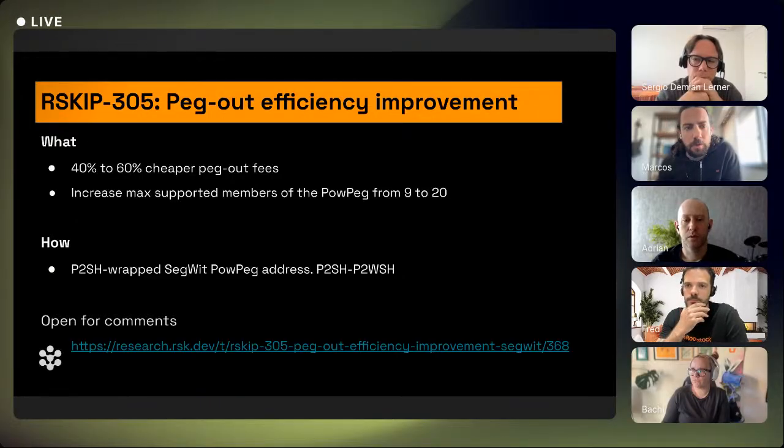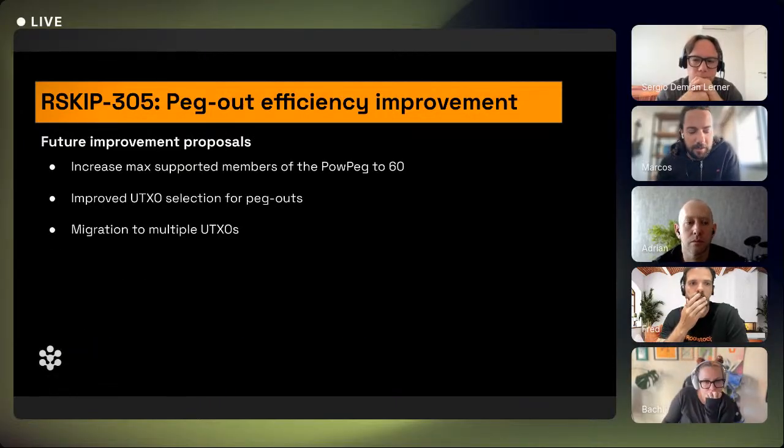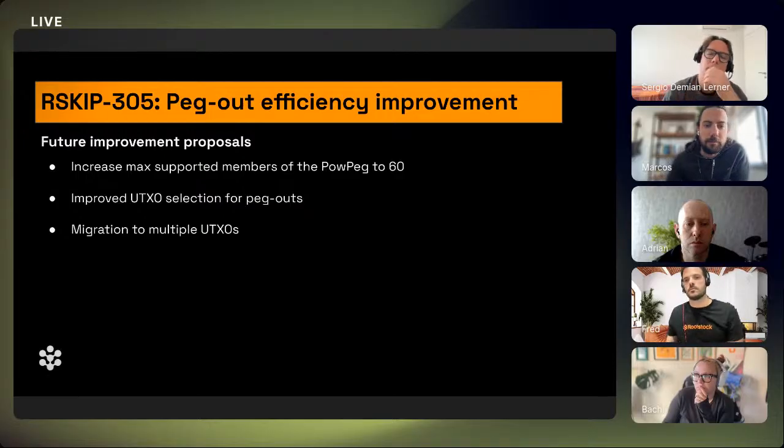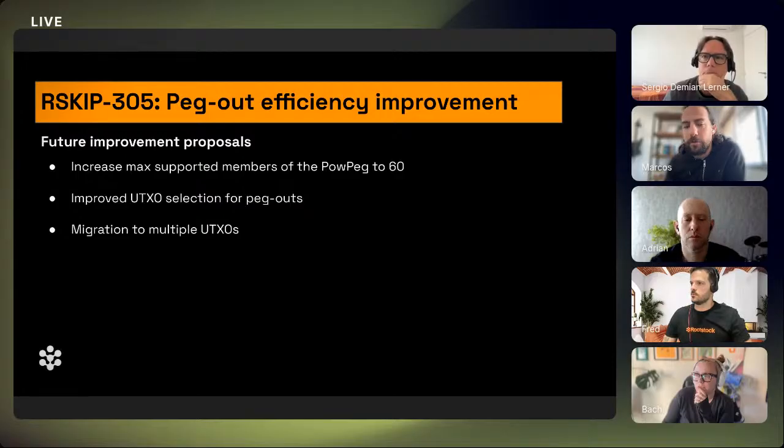And if you can move to the next slide, please. So I want to talk now about future improvement proposals, some things that we will be working on or we will be proposing to the community. There is an idea to change the script of the PowPeg so we can support up to 60 members.